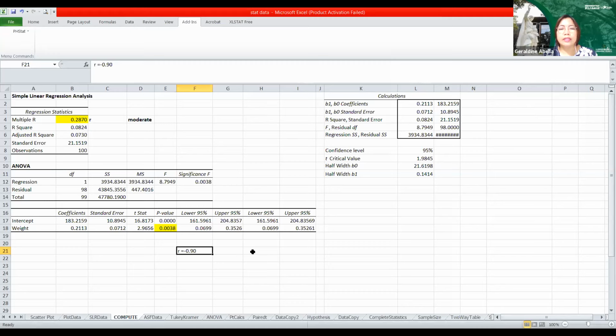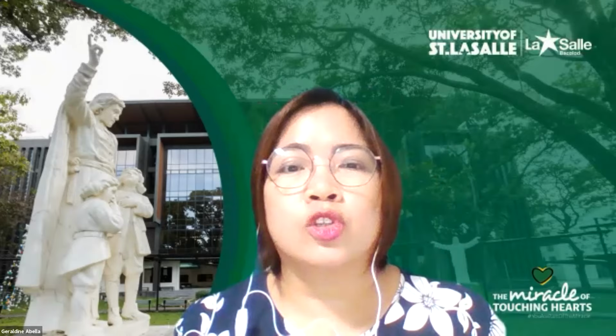Your answer is opposite. This is close to negative 1, I'm sorry. So it is a negative strong relationship, because it is close to negative 1. But if it's negative 0.2, for example, then it's a negative weak correlation. There is a strong negative relationship between the two variables because it's close to negative 1. Question at this point?